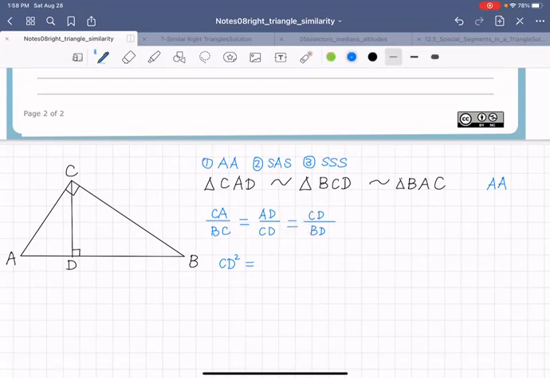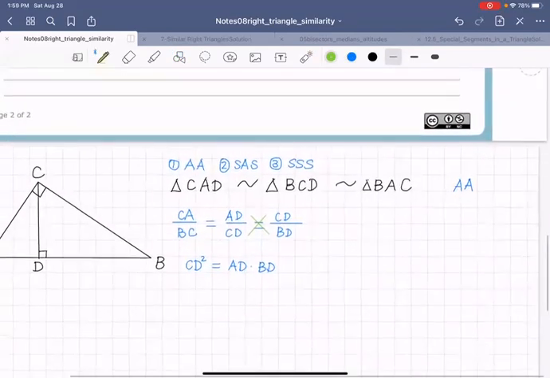So CD squared is AD times BD. Make sense? Okay, that's a famous important property.